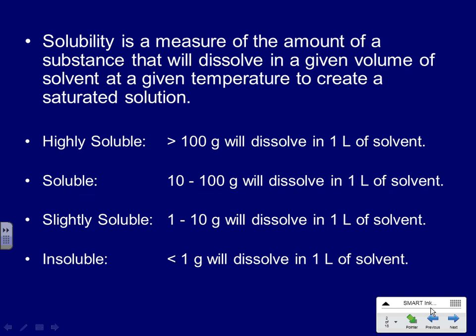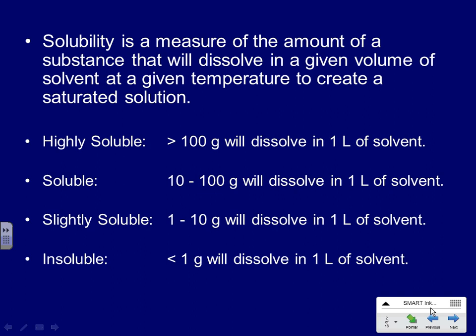So again, just like last year, a little discussion on solubility, but this is review, no need to write it. It's a measure of the amount of substance that can dissolve in a given volume of solvent at a particular temperature to create a saturated solution. So that goes back to all of that good stuff. A saturated solution, no more can dissolve. It's dissolved as much as it can.